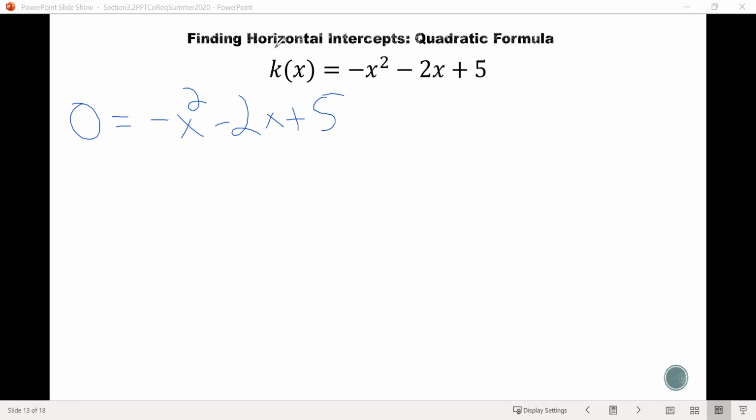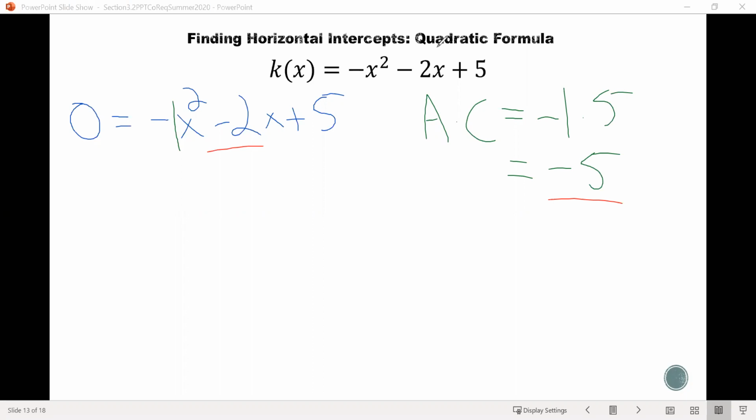And we could try to factor this. And we notice that the a value here is not 1, it's negative 1. So that tells us we try to use the AC method here. So we do a times c, so negative 1 times 5, which would give us negative 5. Then we want to find two numbers that will multiply to negative 5 and add to negative 2.